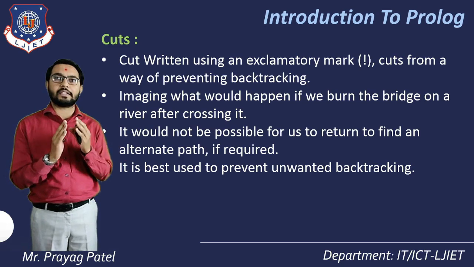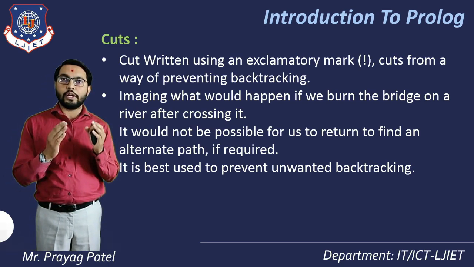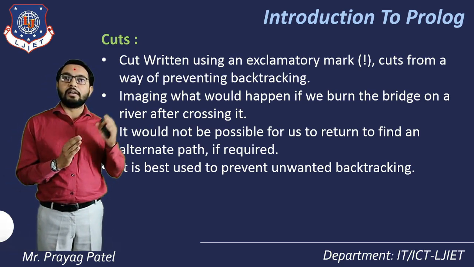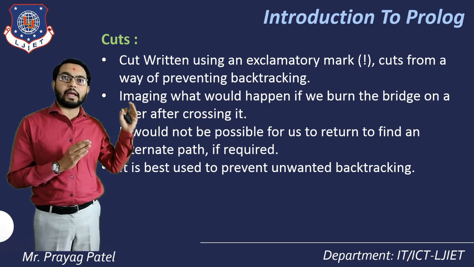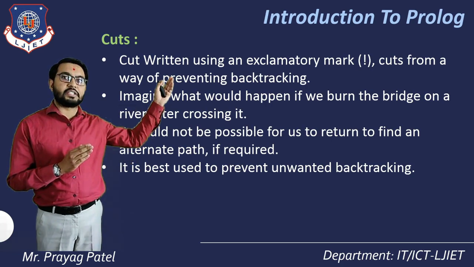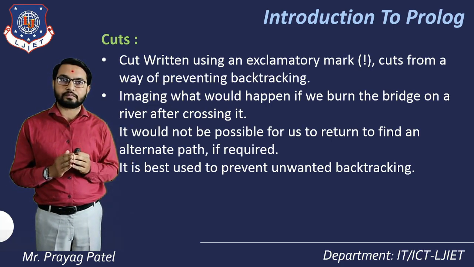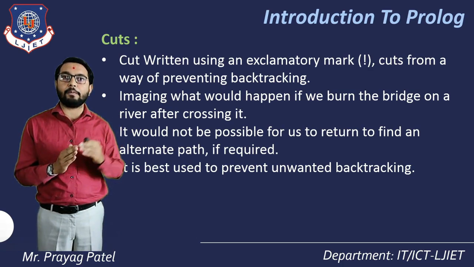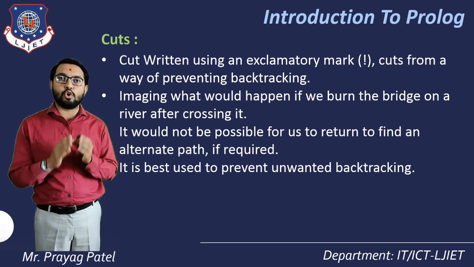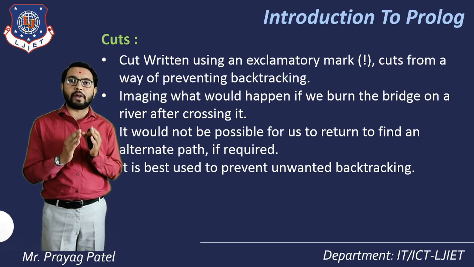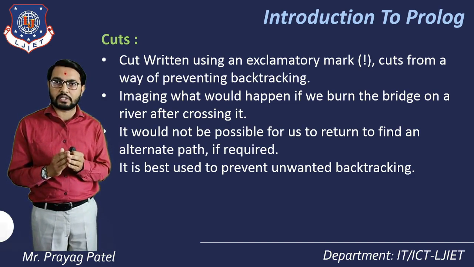Now the next predicate is the cut predicate. In the cut predicate, cut is written using an exclamation mark; this symbol is used for the cut. Cuts are a way of preventing backtracking. So basically cut is used for preventing the backtracking process.